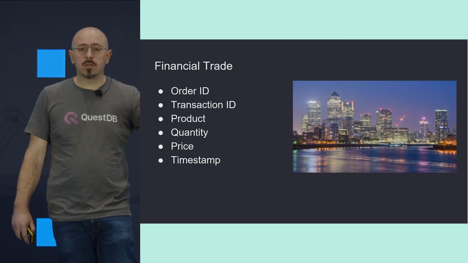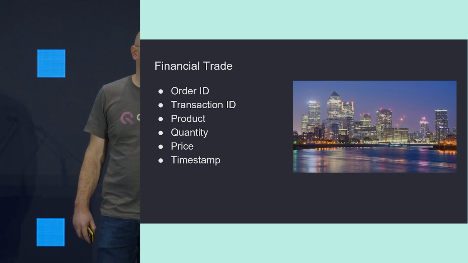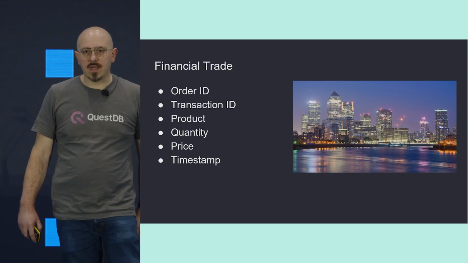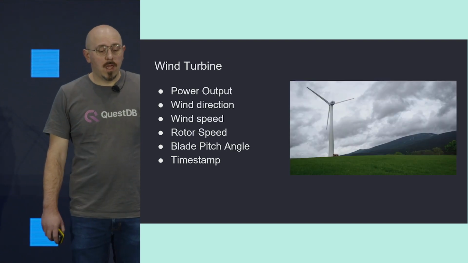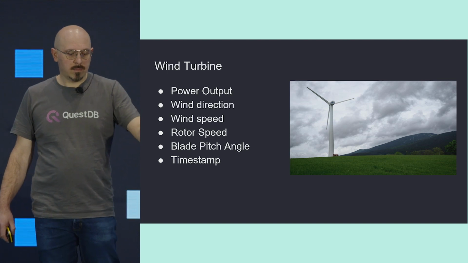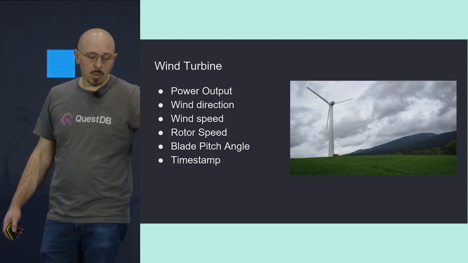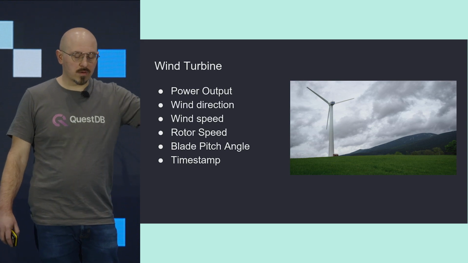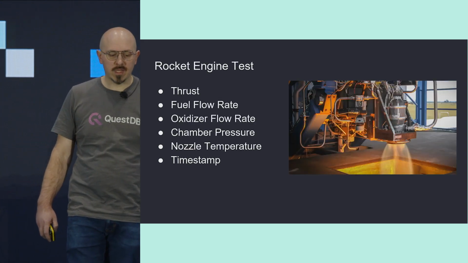In the trading world, you may want to record market data or trades, and you're going to have your order IDs, your price, quantity, and stuff like that, and a timestamp. If you have energy, then depending on what it is that you're doing, you have things changing and all sorts of fields that you need to capture, and a timestamp.